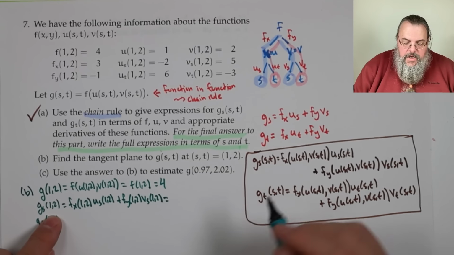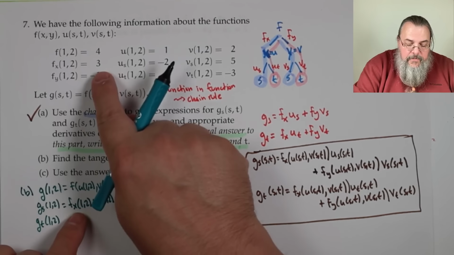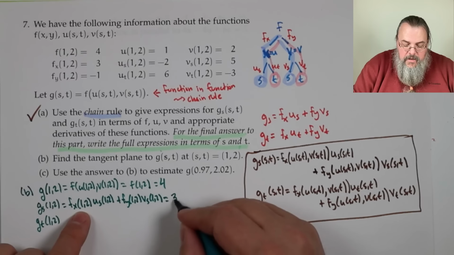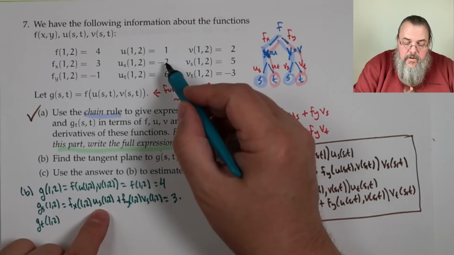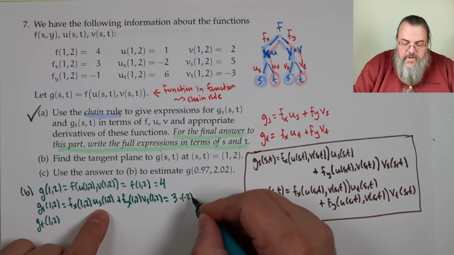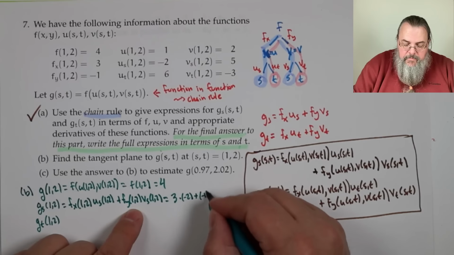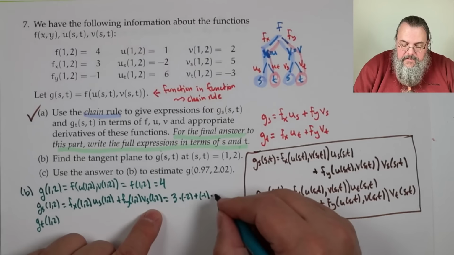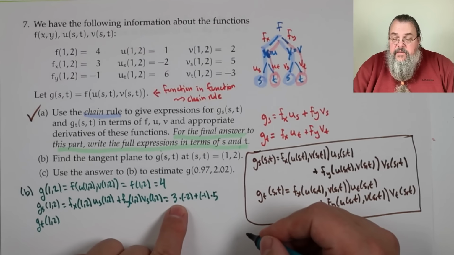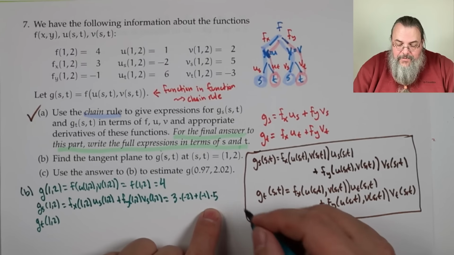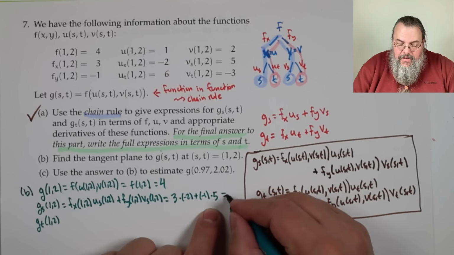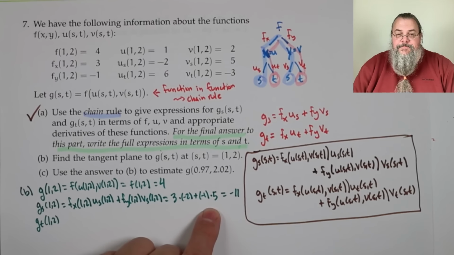So we come up to our chart. We have 3 times -2 plus -1 times 5. So that's -6 minus 5, which makes -11.